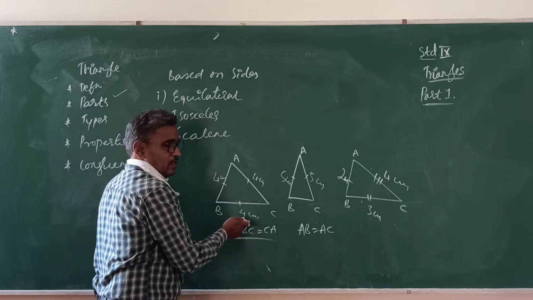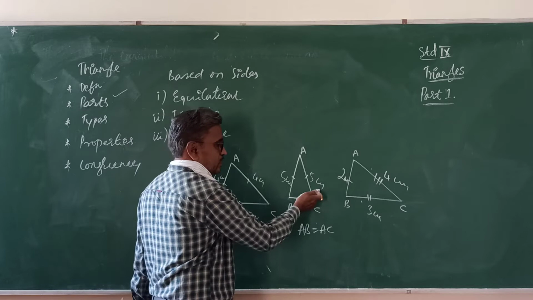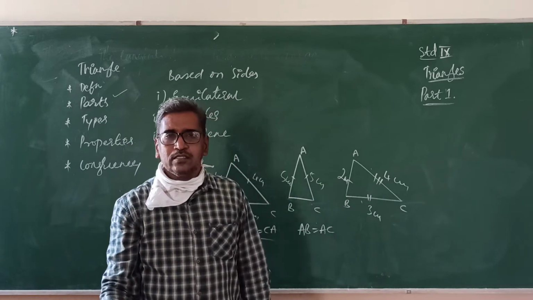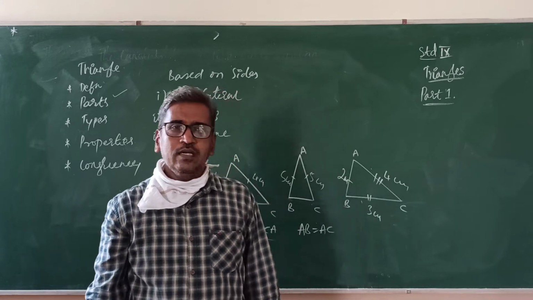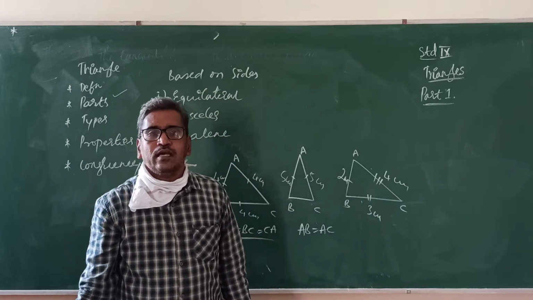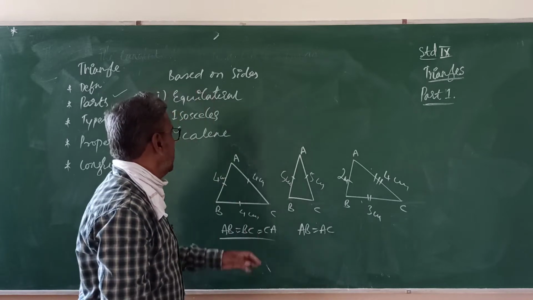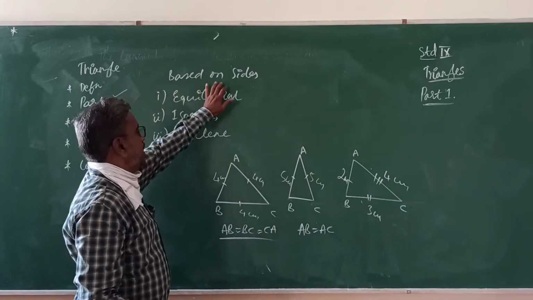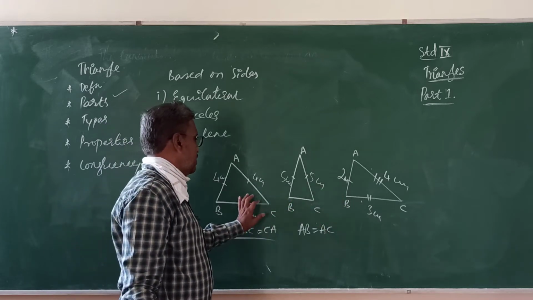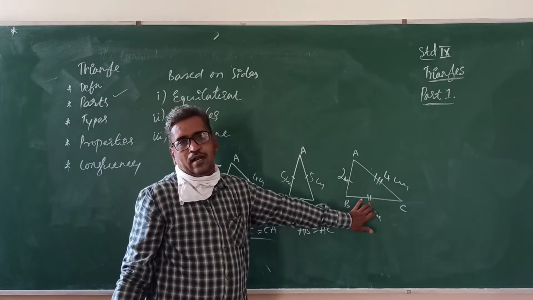All sides equal, equilateral. When two sides are equal, isosceles. If all sides are unequal, all having different lengths, that is said to be a scalene triangle. So based on sides you can have three types of triangles: equilateral, isosceles, scalene.